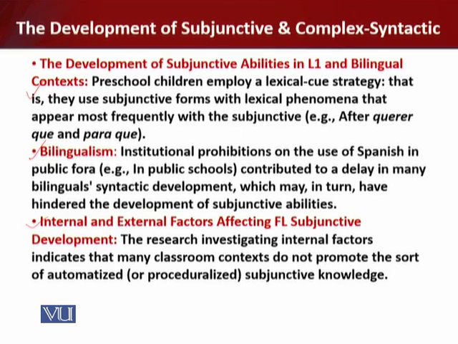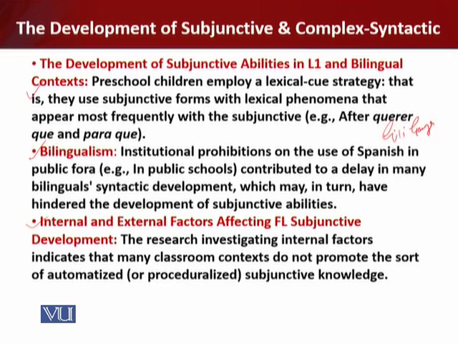Now, we have Giligaya, who examines the acquisition of the subjunctive by preschool children, that is 3 to 5 years, and school-age children, that is 5 to 10 years, in Puerto Rico.